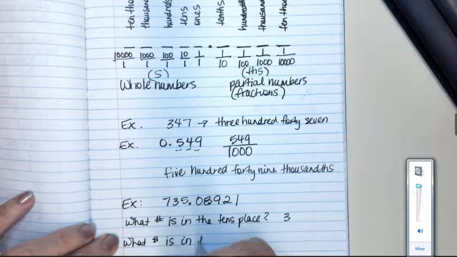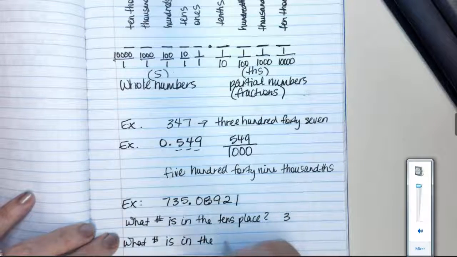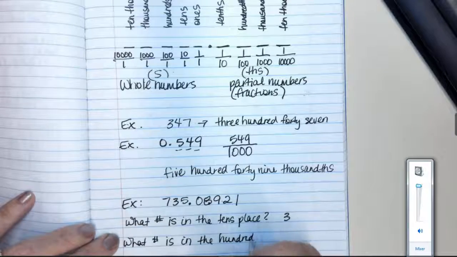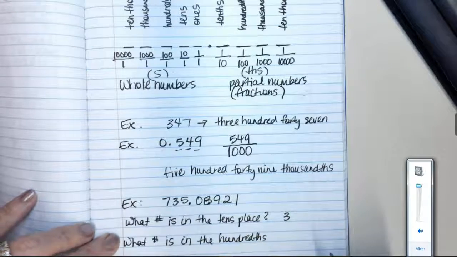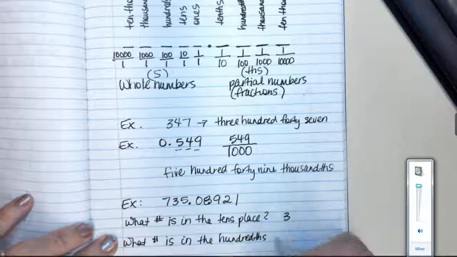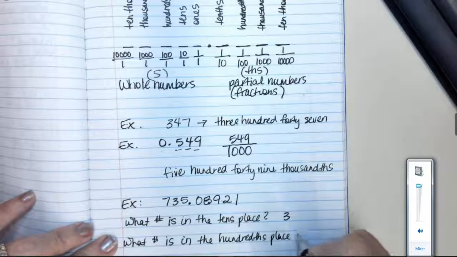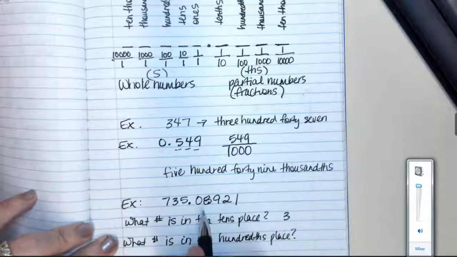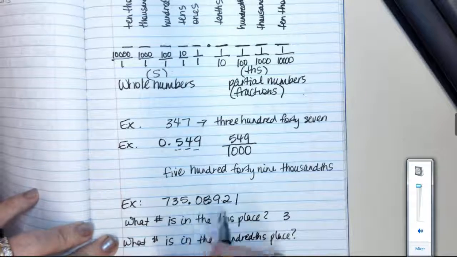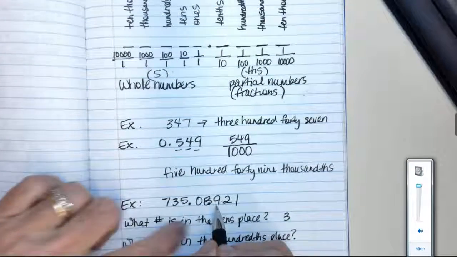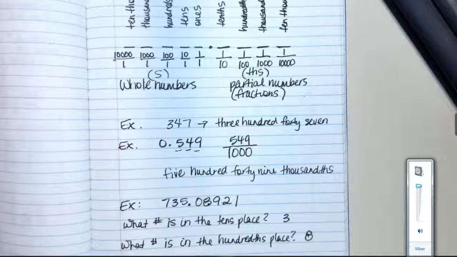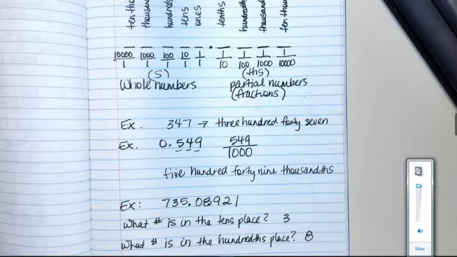What number is in the hundredths place? Dylan. So let's check that and see. So remember, the 8, right? Good. How'd you correct that? How did you check yourself on that? Good.